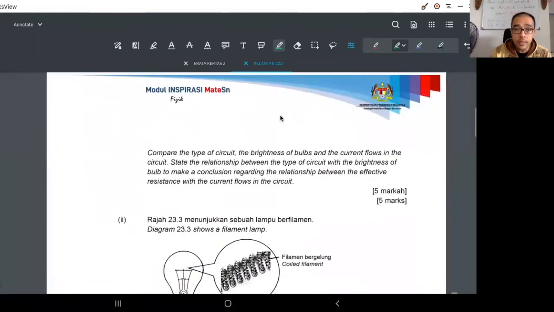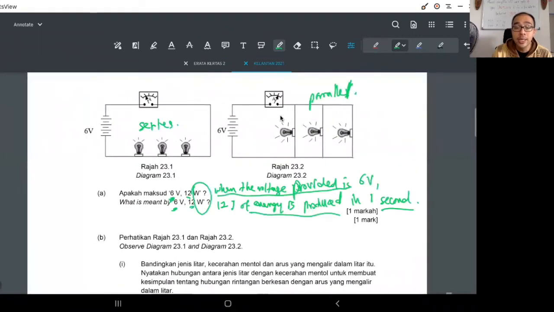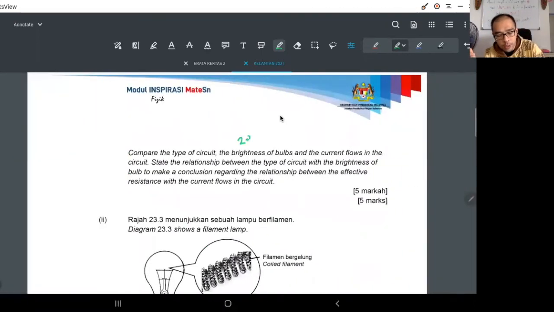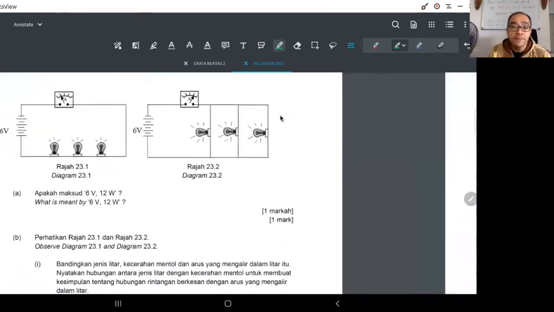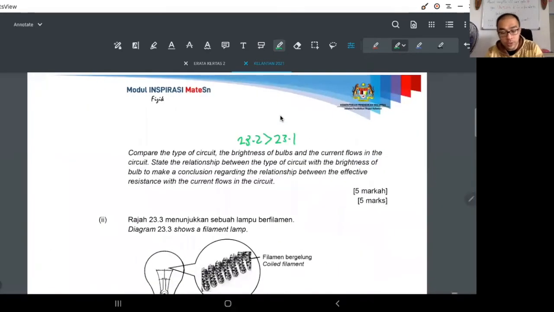Compare the brightness of the bulbs. This one is 3 bling bling, and this one is 6 bling bling. So obviously 23.2 is brighter than 23.1. The current that flows, take a look at the ammeter. Obviously 23.2 is also bigger than 23.1.